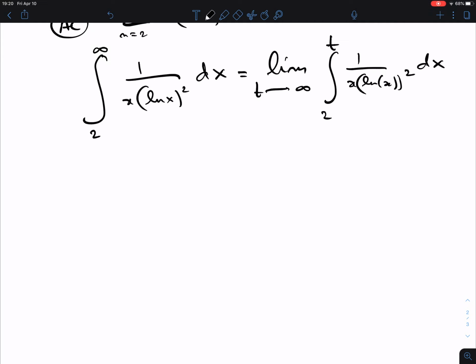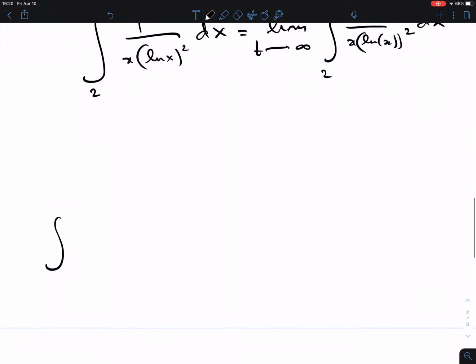So I'm going to do the indefinite integral first. You might be tempted to say integration by parts because we have this ln x, but remember that's only for functions like logarithm and exponential that are in the top and very simple, not complicated.